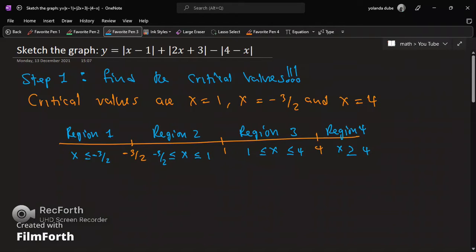Which gives us step 2 of our procedure in how to solve this type of problem. Step number 2 goes as follows: we determine the equation of each region above.